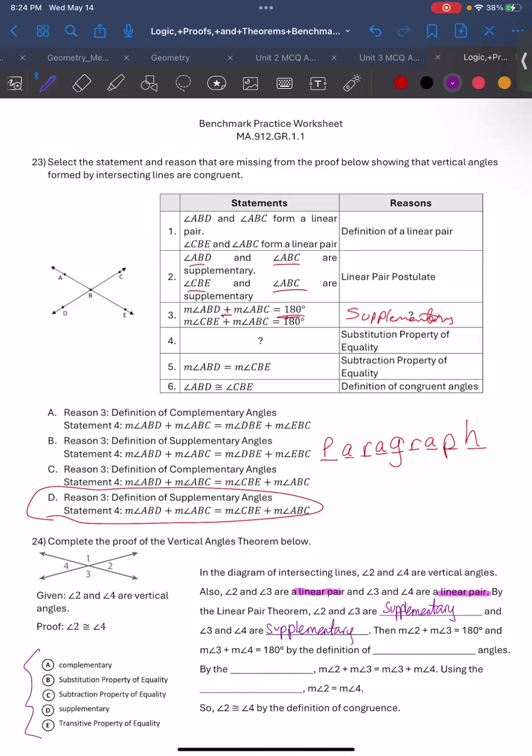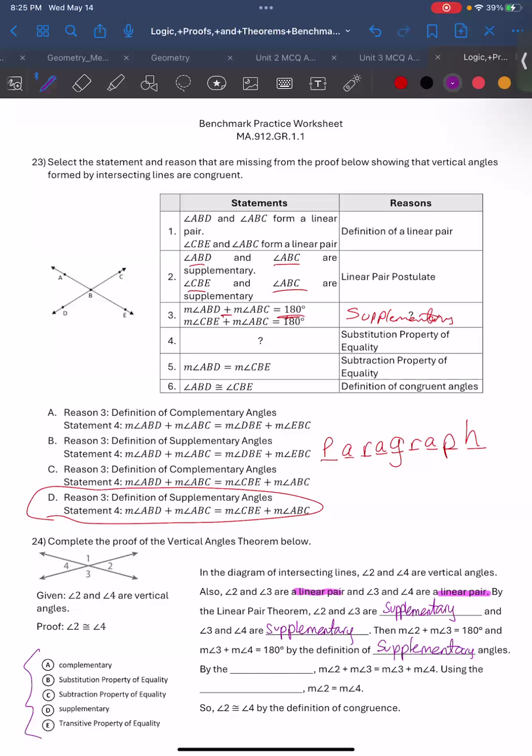Then if I add up angles 2 and 3, I get 180, and angles 3 and 4 equal 180 by the definition of supplementary.